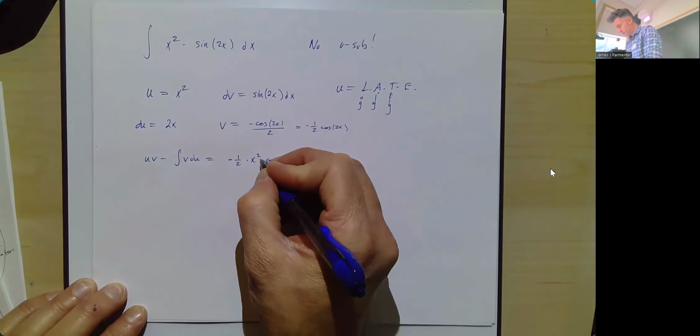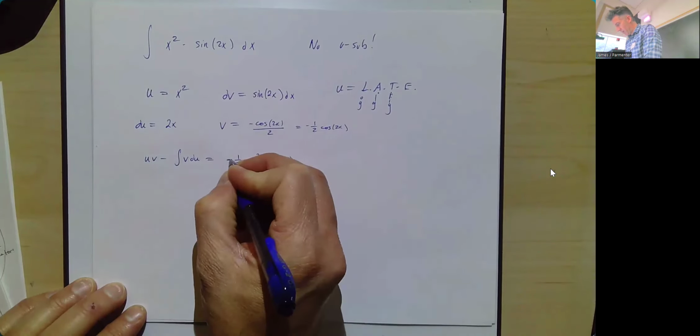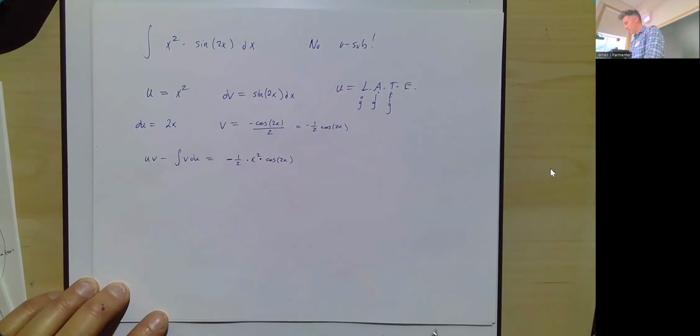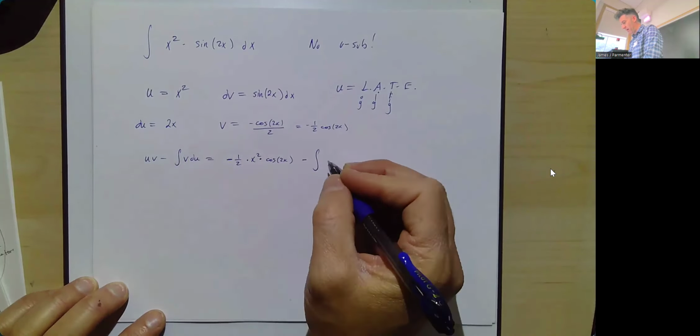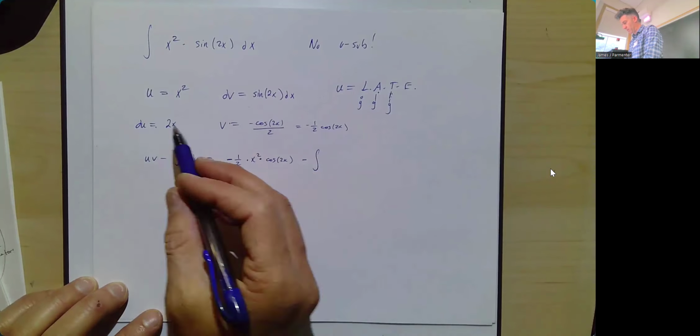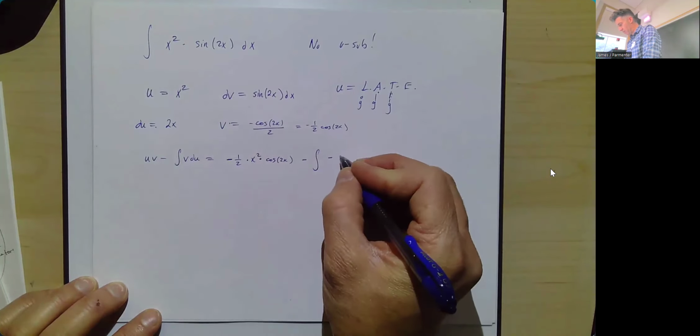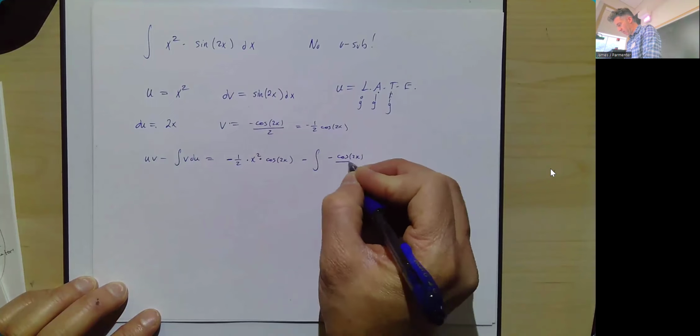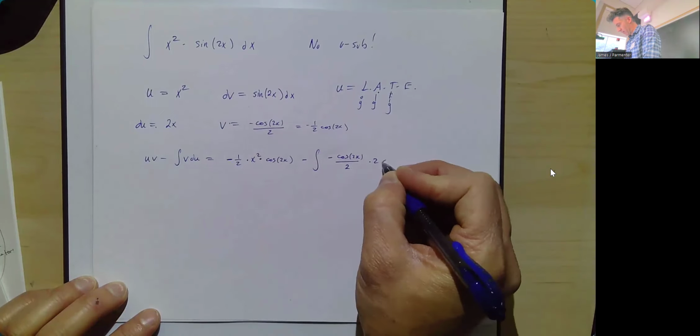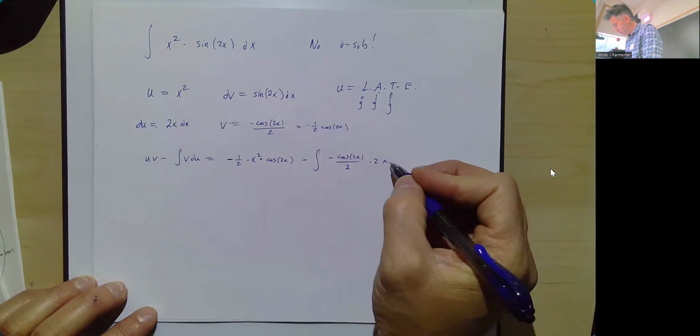And then minus the integral of v du. So that's going to be negative cosine of 2x divided by 2 times 2x. Oh, I forgot the dx there, sorry.